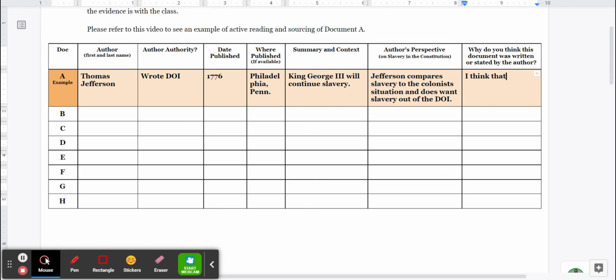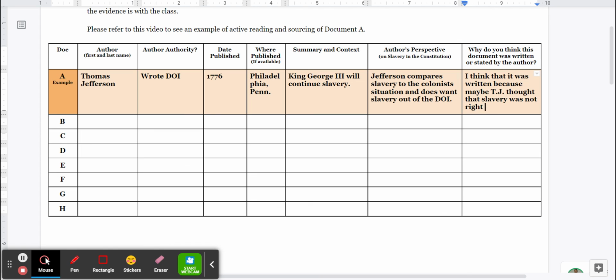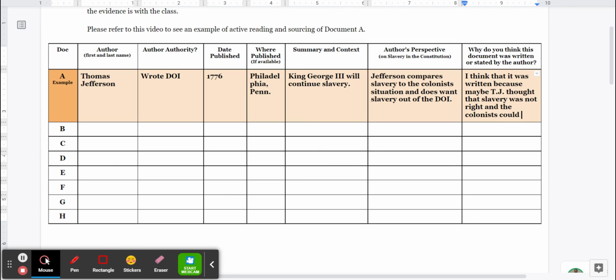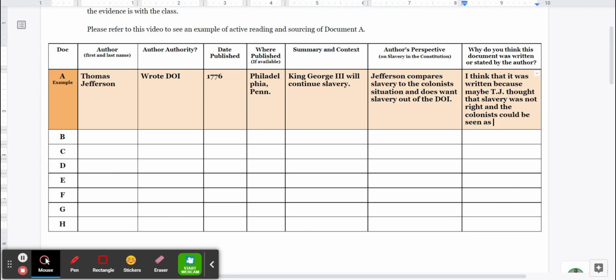I think that it was written because maybe Thomas Jefferson thought that slavery was not right and the colonists would be seen as hypocrites. And that's how you would fill that out. If you have any questions, just ask me or Miss Beatty.